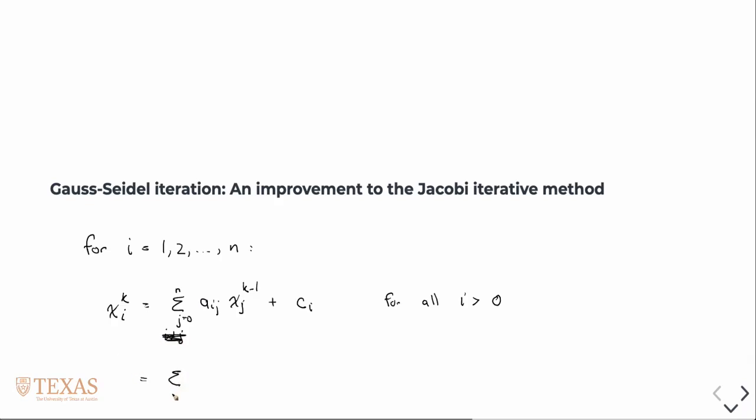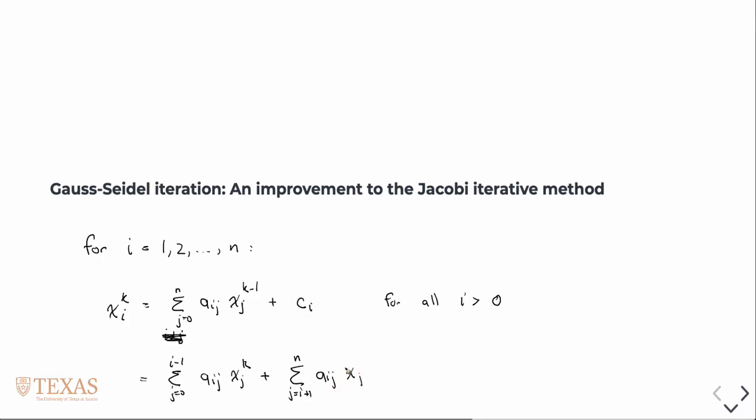And the first, we're going to go from j equals 0 to i minus 1. And we're going to compute a_ij x_j, except this time we're going to use the current value because it's already been updated. So we're going to use the current value of k, plus, for the ones we don't know, i plus 1 to n, a_ij x_j.